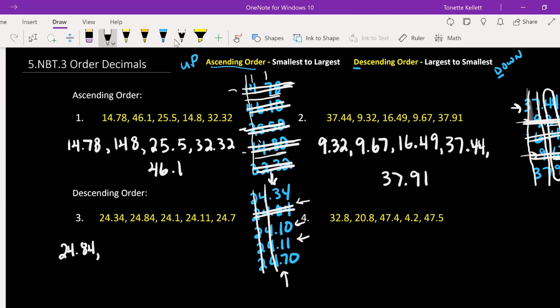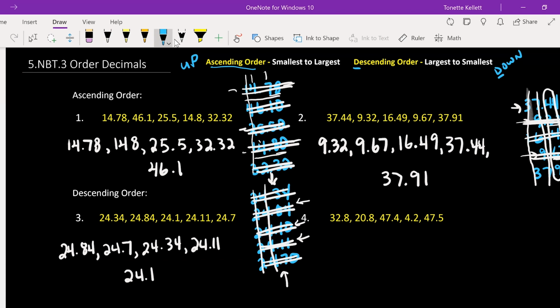Then the 7, 24.7, crossing it off. 24.34. Now, between the 24.10 and 24.11, it would be 24.11 and 24.10, which would be just 24 and 1/10. Crossing it off.